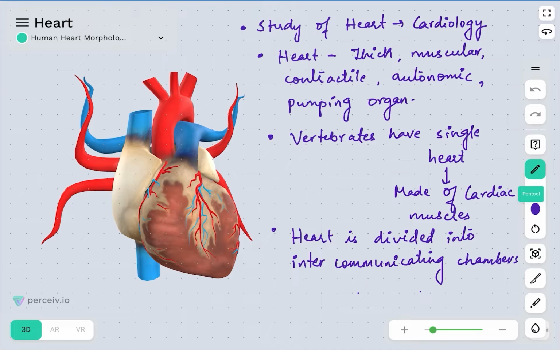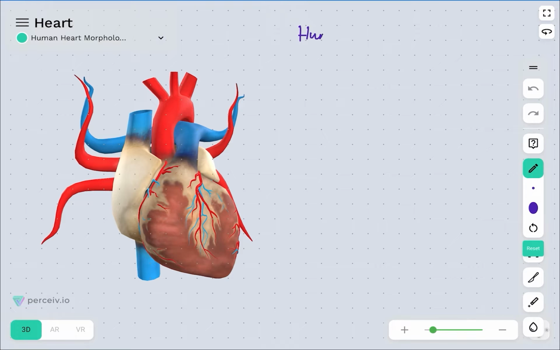Now, when we consider the human heart, since we are talking about the human heart, the human heart is made of 4 chambers.